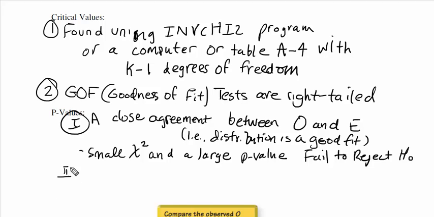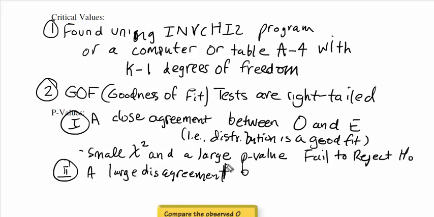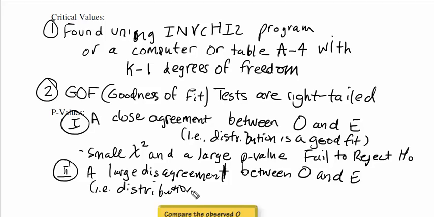And then 2 is when you have a large disagreement between the observed and the expected frequencies. And again, that would mean that the distribution is not a good fit.